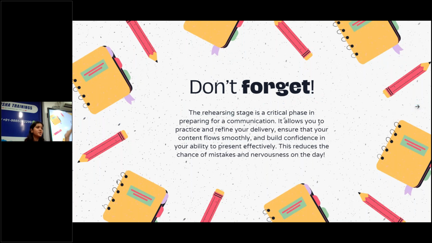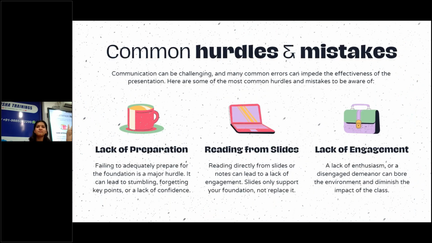Okay, when you're communicating, vocabulary and pronunciation are the first basic important things. Next, what is important? Preparation. Body language. Body language and engagement.